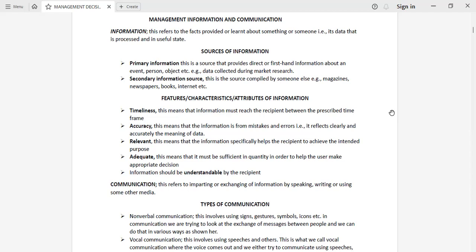Then three is relevant, or relevancy. This means that information specifically helps the recipient to achieve the intended purpose.